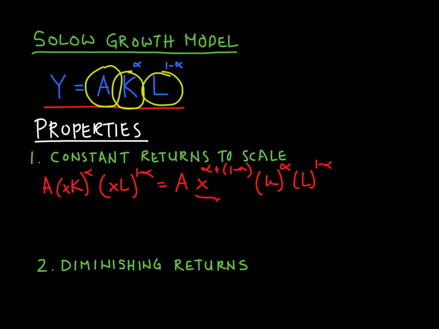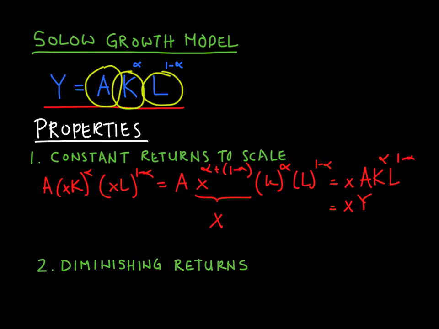And of course, x to the power of alpha plus 1 minus alpha is just x to the power of 1, so this is just x, and therefore what we have here is x times A K^alpha L^(1 minus alpha), which is x times Y. And that is true for any x.